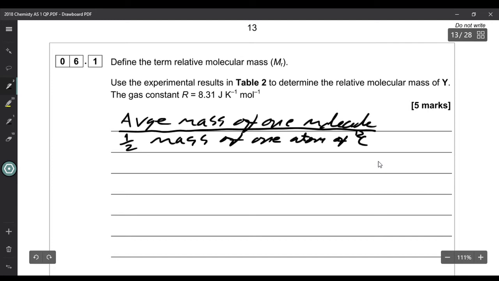Now note it's asking for the molecular mass. Some students will give the definition of atomic mass, so make sure you give the correct one.